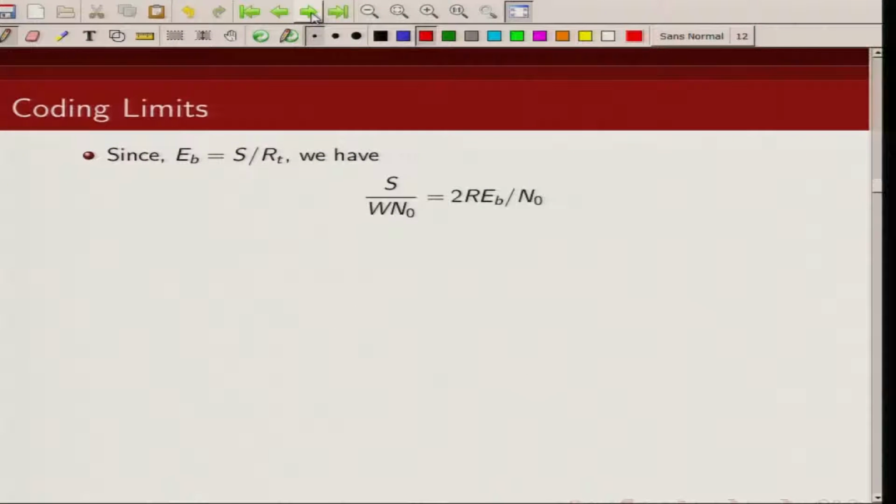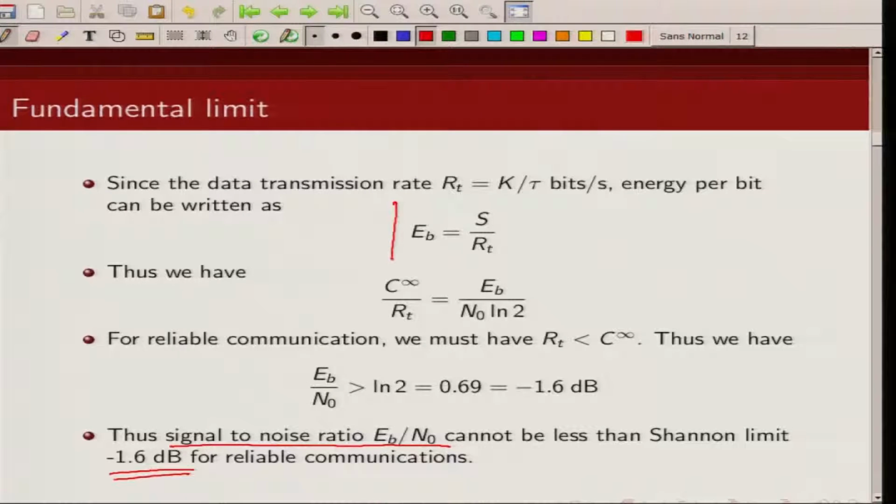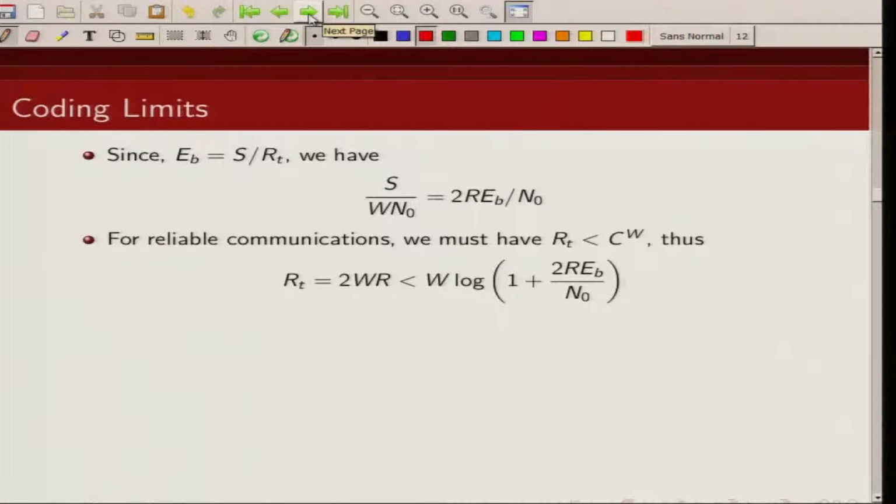Now, we know that energy per bit is given by signaling power divided by transmission rate. This we have done in the last example. Using this, we can write S by W N naught in terms of E_b by N naught.